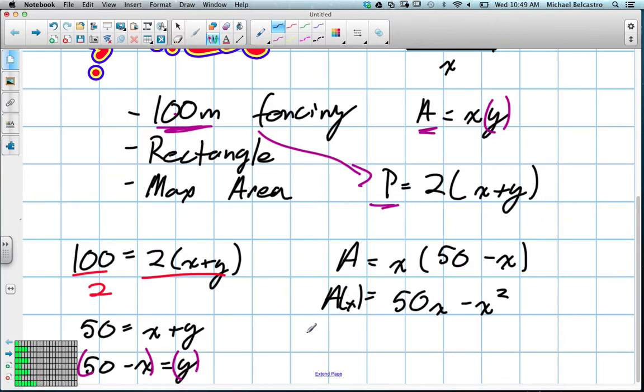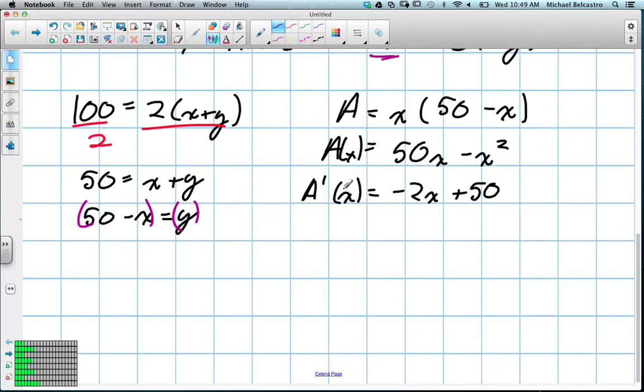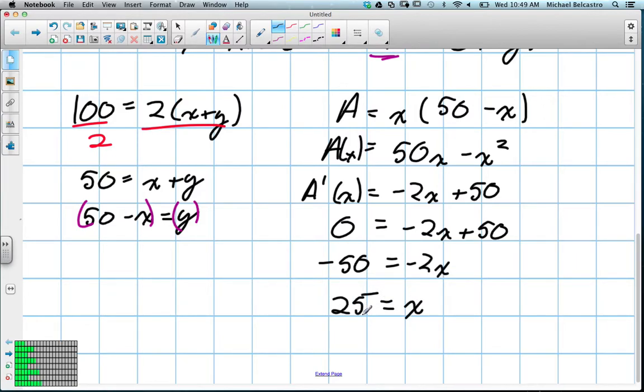So now we can derive this to maximize. The derivative of the area in terms of x will give us negative 2x plus 50. Okay. We're going to set it equal to 0. We have negative 2x plus 50 equals 0. Okay. We bring over 50. We have negative 50 is equal to negative 2x. x is equal to 25.